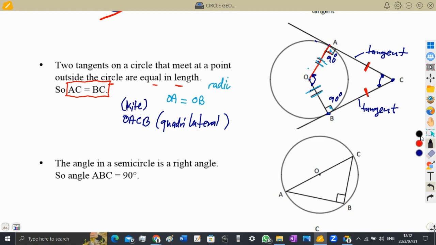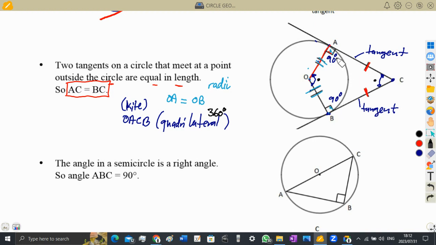But my question is not about the properties of this shape, the name and so forth. I want to understand what is going to happen between these two angles here, this angle at O and this angle at C. All quadrilaterals, as long as the shape has four sides, its interior angles add up to 360 degrees. But if you check here, we have removed the 90, we have removed the 90 here.